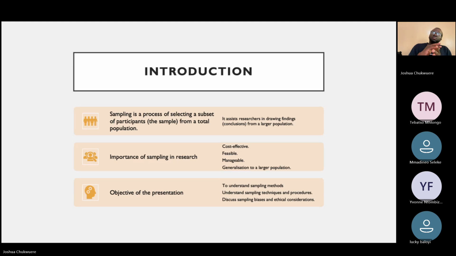Now, due to some constraints, you might not be able to get the entire population. What do you do? You take some percentage from the entire population. Let's say right now you want to conduct a study on what drives or motivates students using generative AI, social media, or any of those technological innovations.